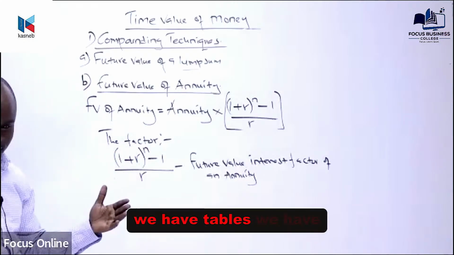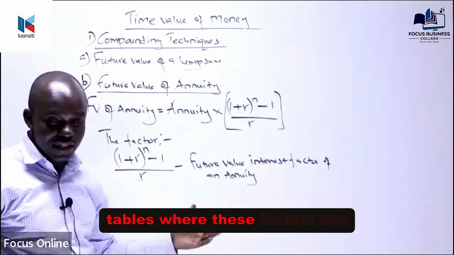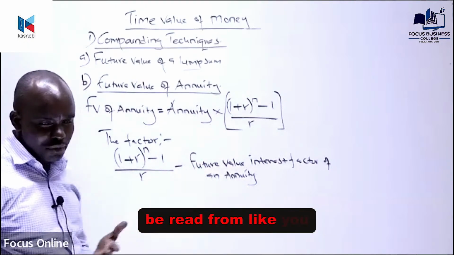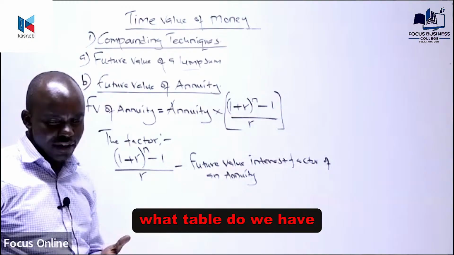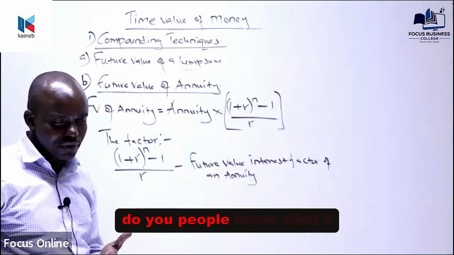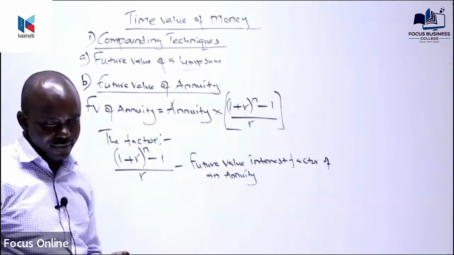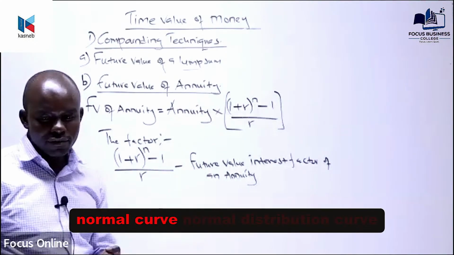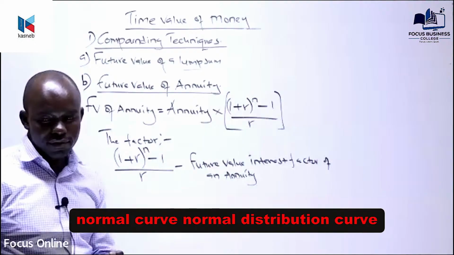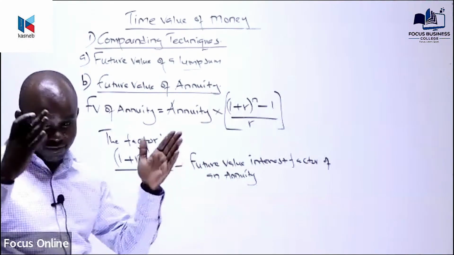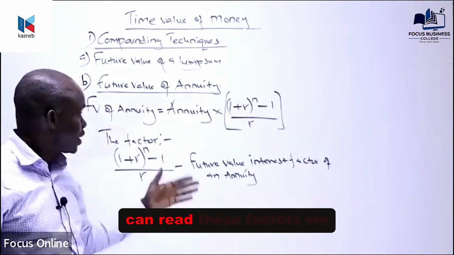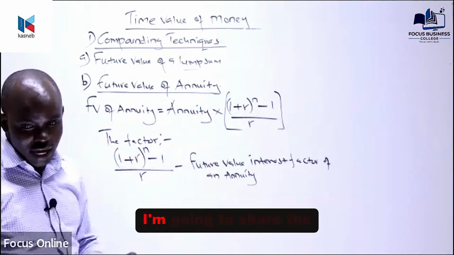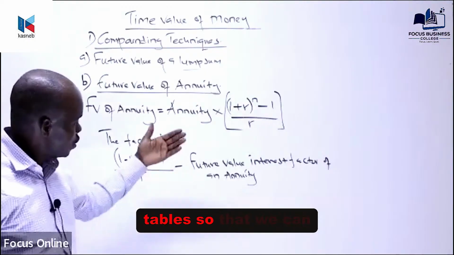Now, we have tables where these factors can be read from. Like, you remember what table do we have? We have a math table. Do you know what a math table is? Or maybe what we call the normal distribution curve. We have tables where you can read these factors. When we go to discounting, I'm going to share the tables so that we can see.